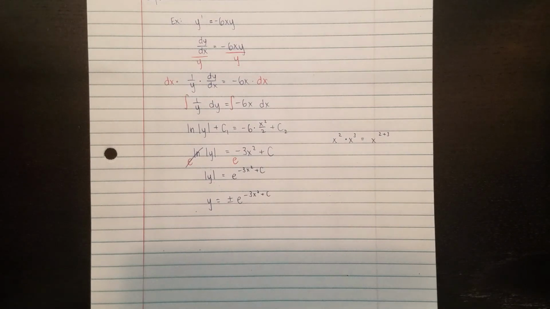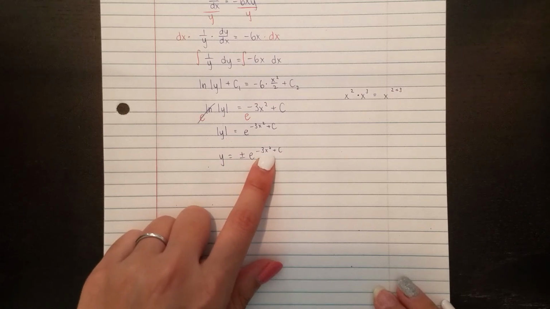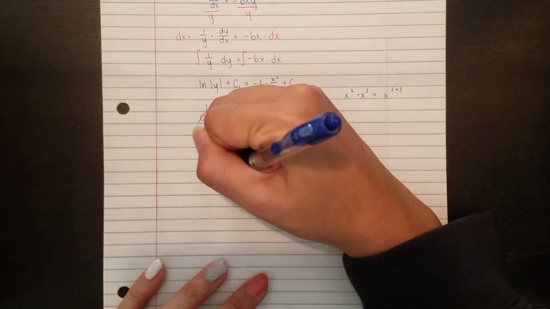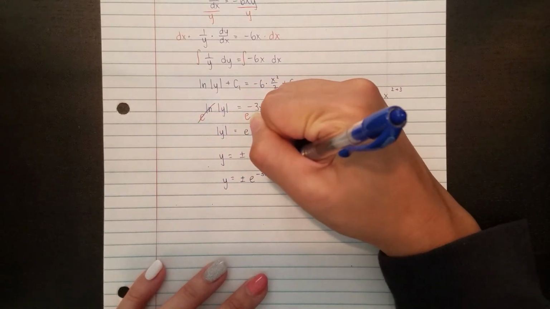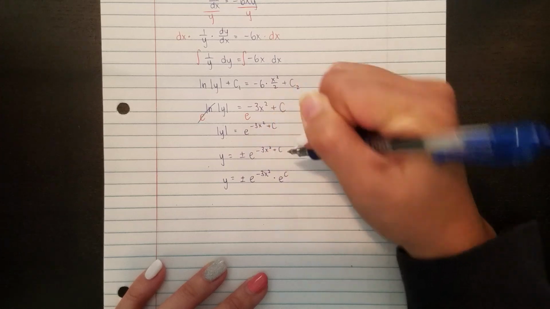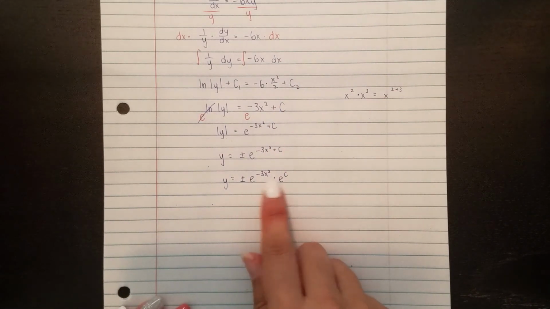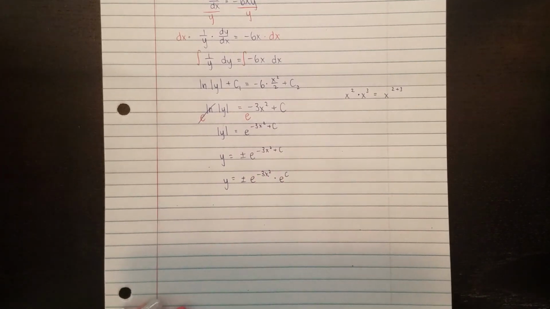Okay, so, algebra 1 basics. So here, if I have e to the negative 3x squared plus c, this is the same thing as plus or minus e to the negative 3x squared power times e to the c power. Because if I were to multiply these together, their exponents would add, giving me negative 3x squared plus c.